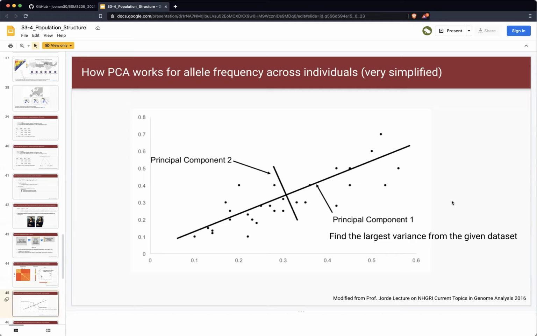But normally, the first principal component explains the largest variance of the data set. The data set here means the genotype, the allele frequency, right? So what is the major factor explaining the largest variance in the allele frequency of the multiple individuals? That is the population structure, right?